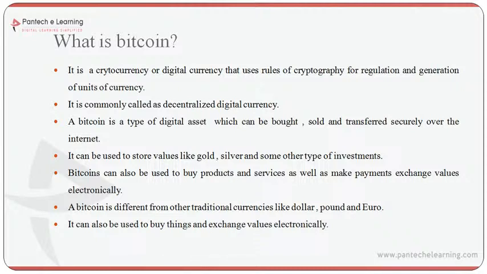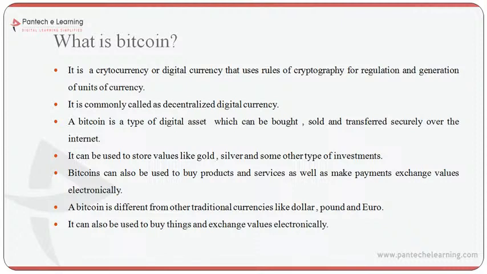Whatever payments we are making and whatever values we are storing electronically, everything is stored in a digital format. Bitcoin is a digital currency similar to whatever other currencies we have all over the world. We have different types of currencies like dollar, pound, euro. Traditionally we use these currencies, and Bitcoin is one form of digital currency, digital cash, digital asset.